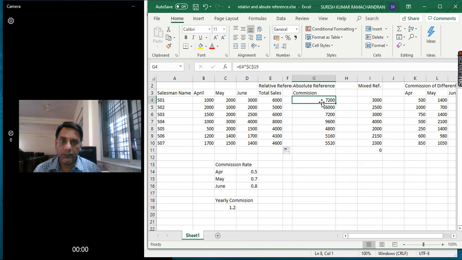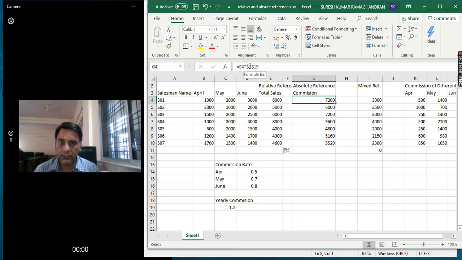The next one is the absolute reference. So what is absolute? Absolute reference is denoted by a dollar symbol. You can see here in a particular cell, a dollar is put before the column value as well as the row value. In absolute reference, the cell is fixed.